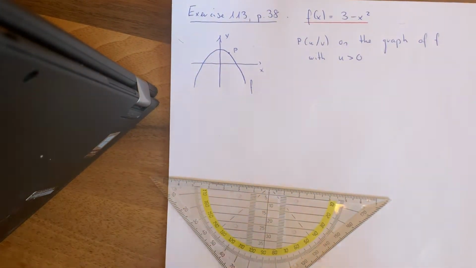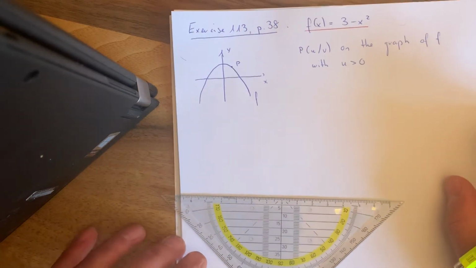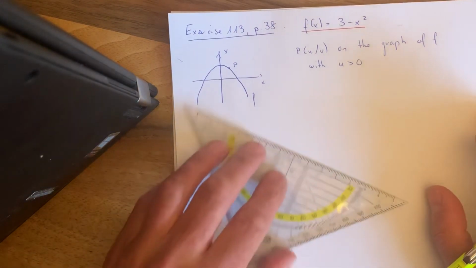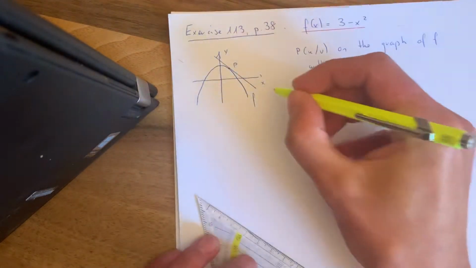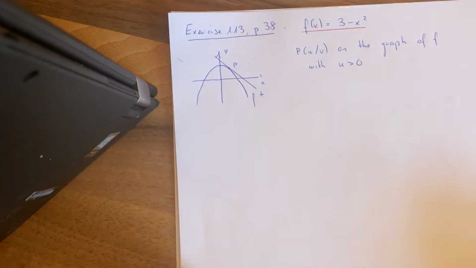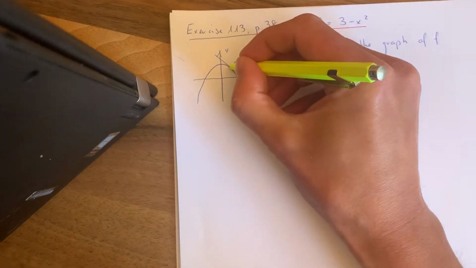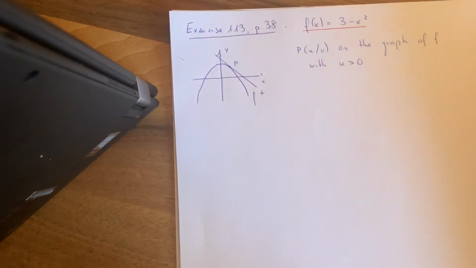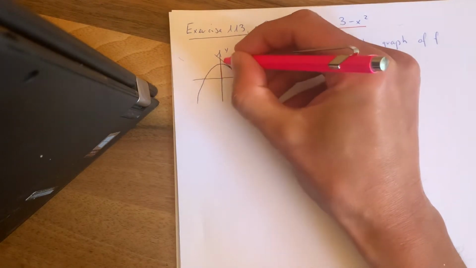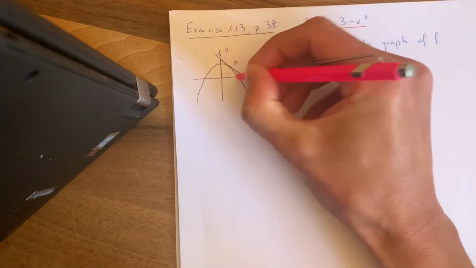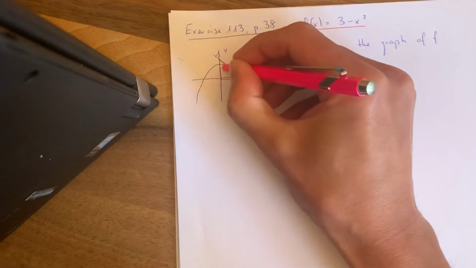We consider now the tangent through that point, like this. So this is the tangent through point P, and as you see here, this tangent defines, together with the coordinate axis, a triangle like this.